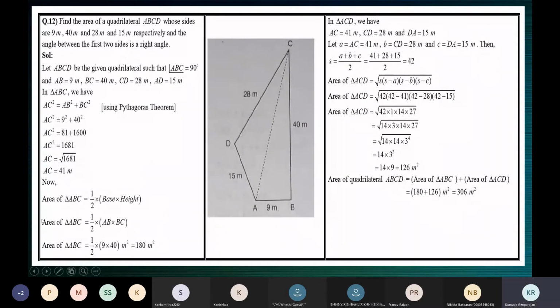To find the area of triangle ABC, we have the information. Base is 9, height is 40. We find AC using Pythagoras theorem in order to find the area of this triangle. For this, we need the length of AC.